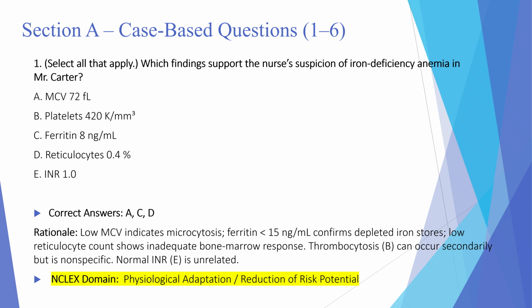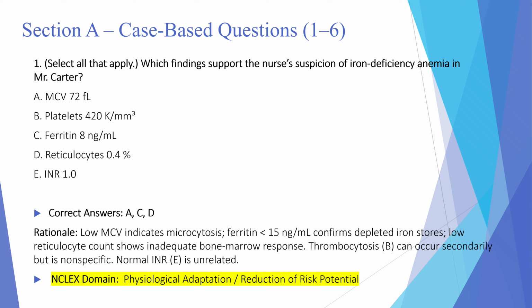So the low MCV indicates microcytosis, ferritin lower than 15 confirms depleted iron stores. Low reticulocyte count shows inadequate bone marrow response.